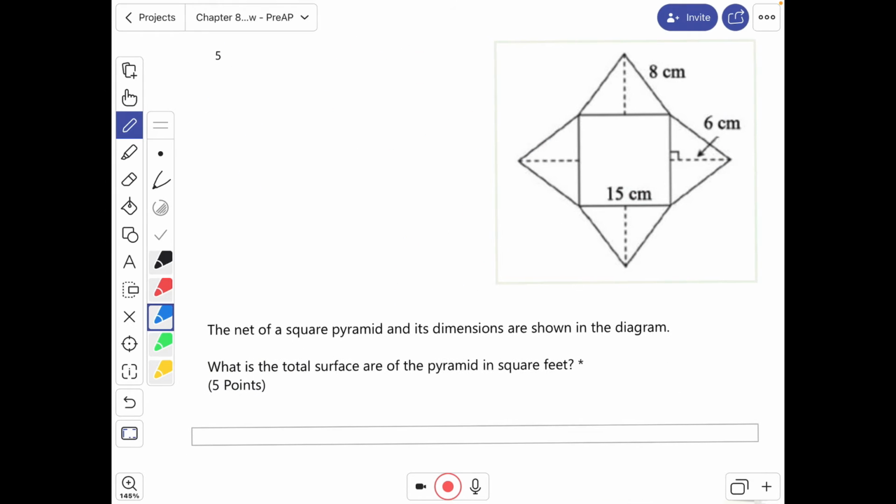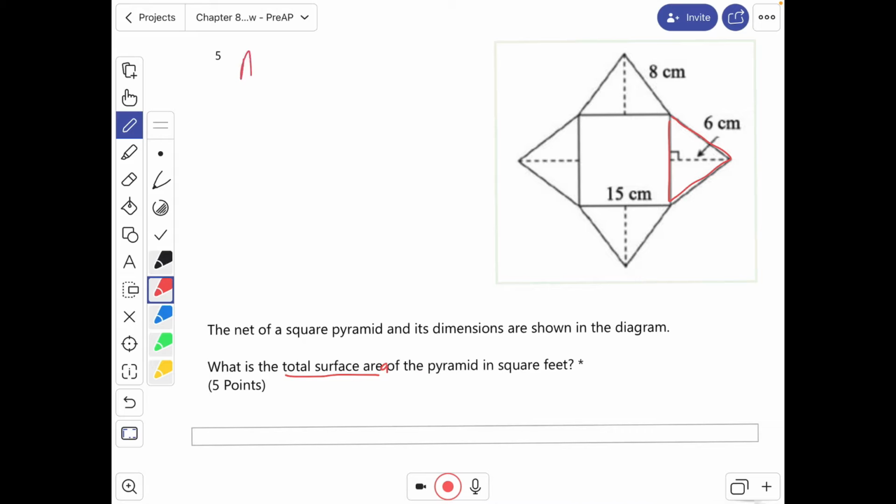Number 5. Again, we have a net. This time the net of a square pyramid, and its dimensions are shown in the diagram. What is the total surface area of the pyramid in square feet? So we need to find the area of all 4 triangles, which are exactly the same, and the square that's in the middle.